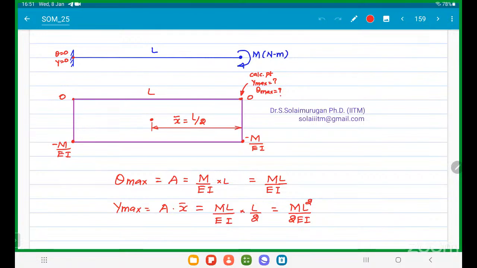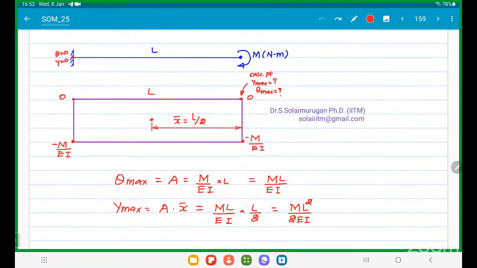Next. Cantilever with a couple at the free end. Very simple case. So BMD will be rectangle. It's a pure bending case, constant bending moment. Simply divide by EA, the M by EA diagram is ready, sir. This is the maximum slope point, maximum deflection point. This is the zero slope point, zero deflection point.